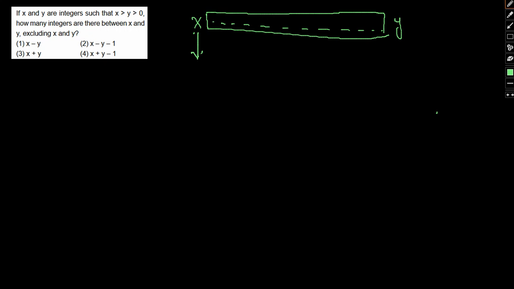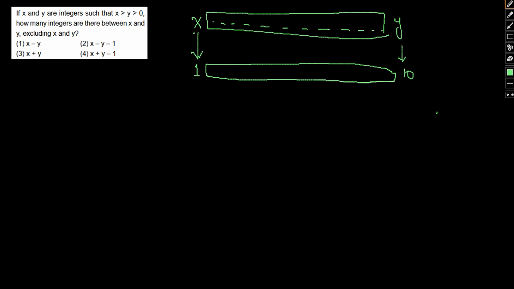Okay, suppose I take x as 1 and suppose I take y as 10. Okay, so now we know between 1 and 10 how many numbers do we have? We have 2, 3, 4, 5, 6, 7, 8 and 9.